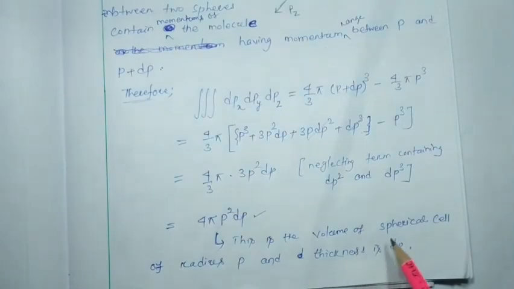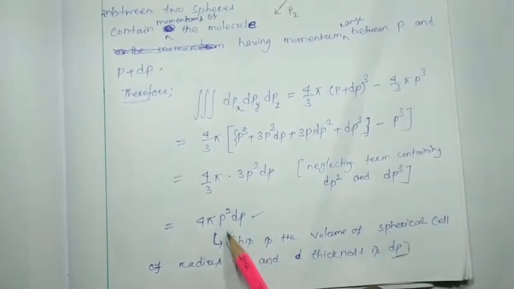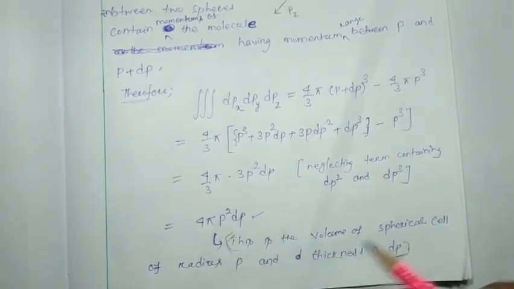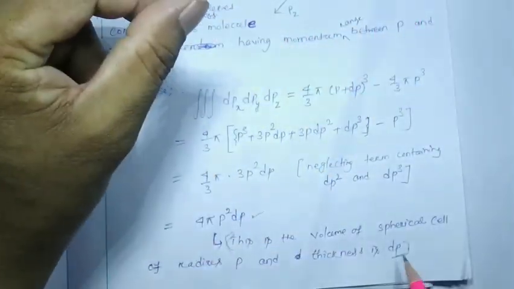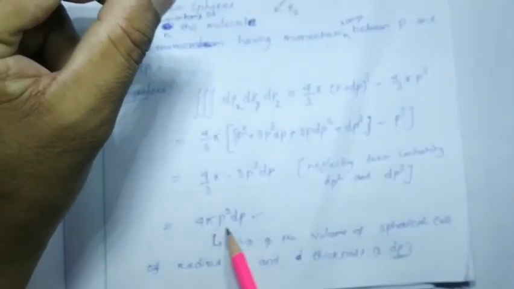So the triple integration of dpx, dpy, dpz we found is the volume of the spherical shell of radius p and thickness dp.